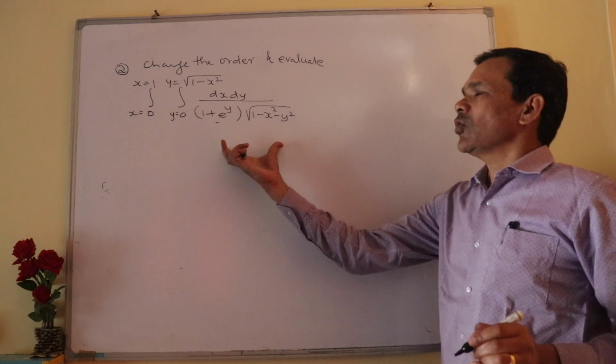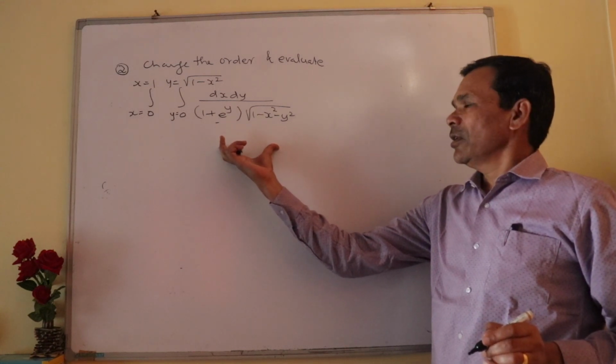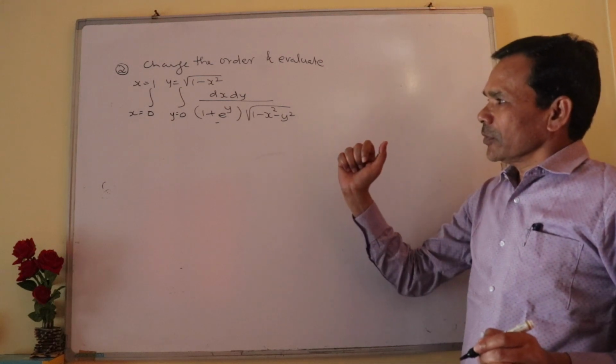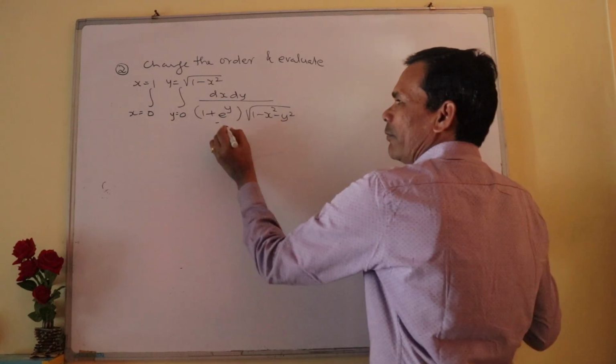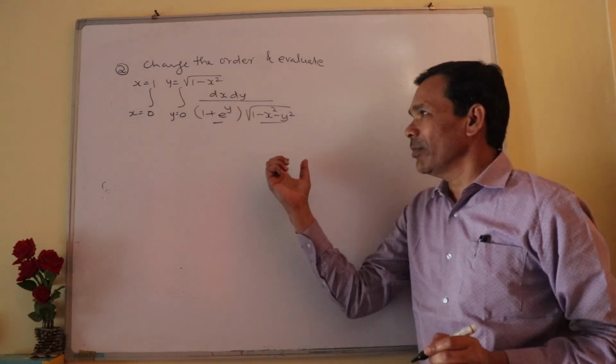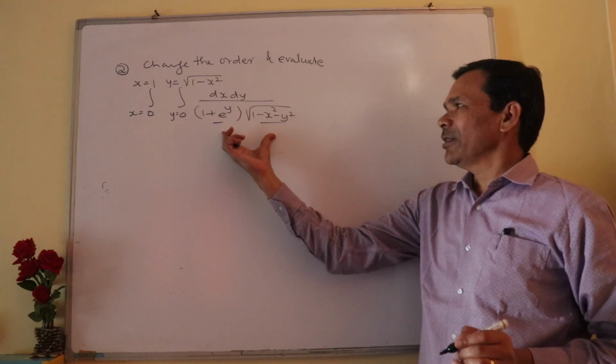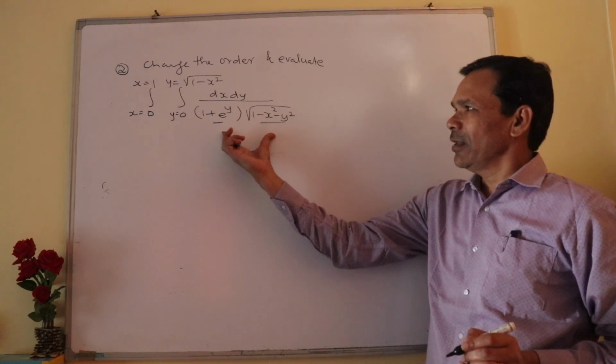So you have been asked to integrate with respect to y first and then with respect to x. If you try to integrate with respect to y, this is a function of y, this is a function of y, and the denominator, it is rather complicated to integrate, even impossible.